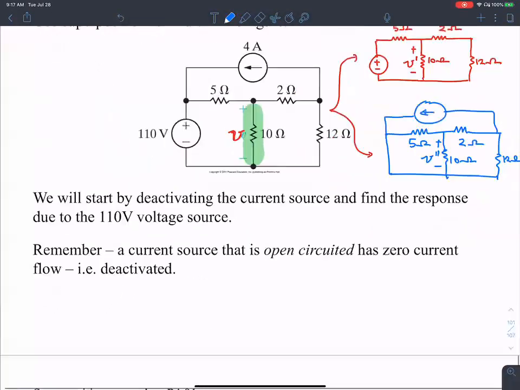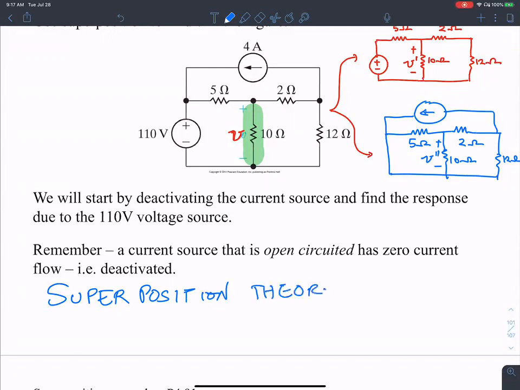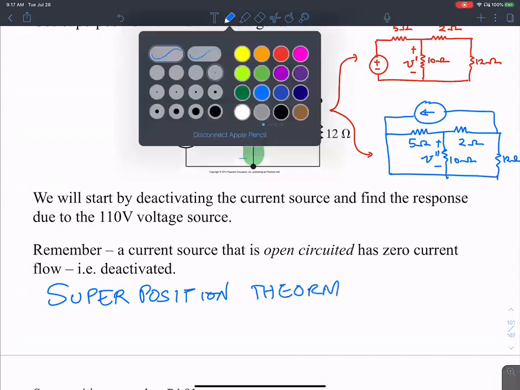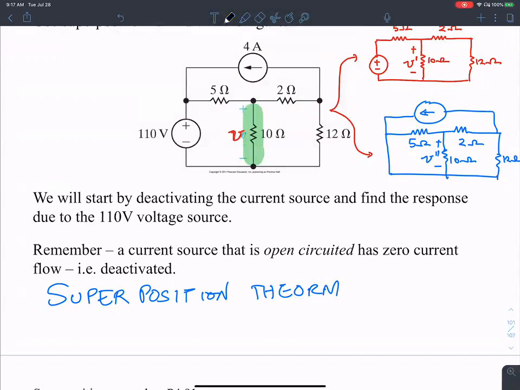Superposition theorem says you can add, and this is a really neat characteristic of linear circuits, the behavior of the top circuit and the behavior of the bottom circuit to get the effective behavior of the overall circuit.